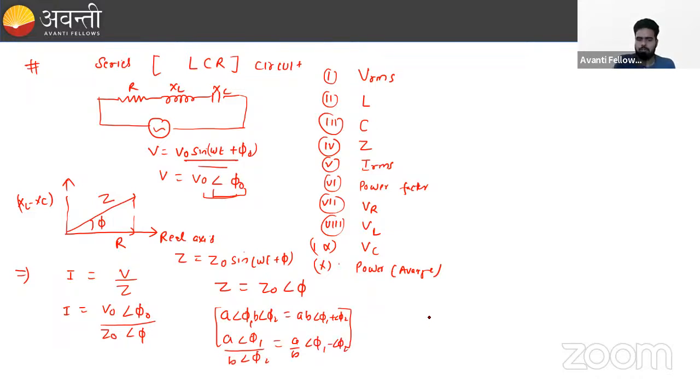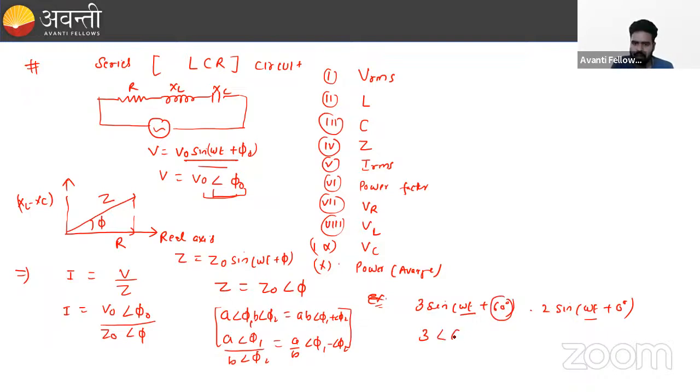If we take one example here, suppose it is given that 3 sine omega t plus 60 degree into 2 sine omega t plus 0 degree, correct. If we multiply these two, how can we write this down? This can be represented by the notation with omega t as the reference axis. So for angle phi 1, we put 60 degree.